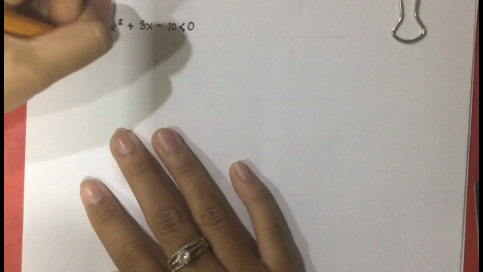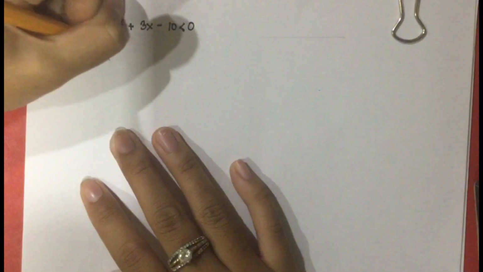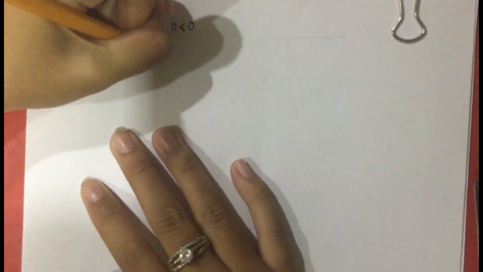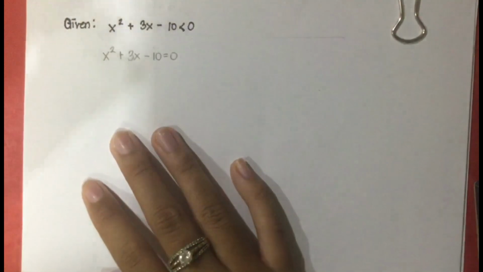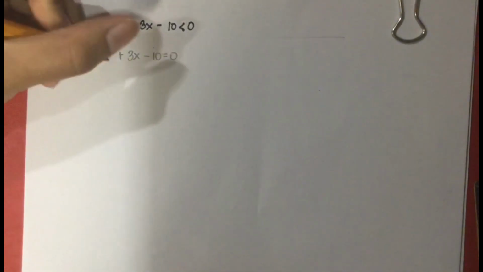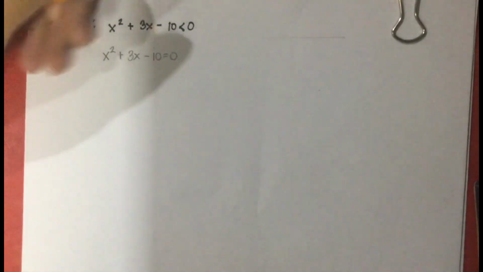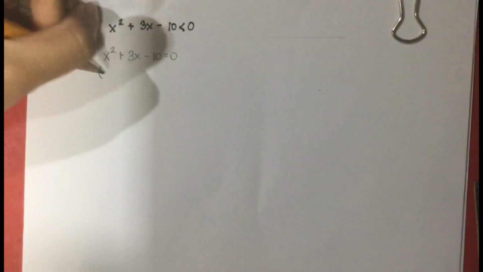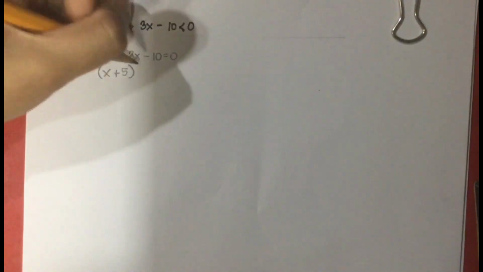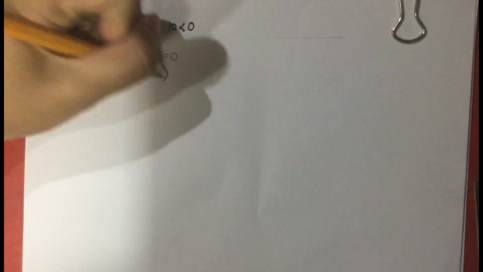So that becomes x squared plus 3x minus 10 is equal to 0. Then we will factor it. Its factors are 5 and 2. So x plus 5 times x minus 2 is equal to 0.